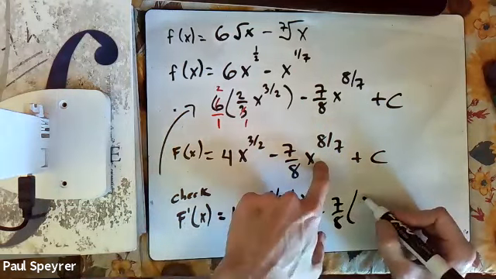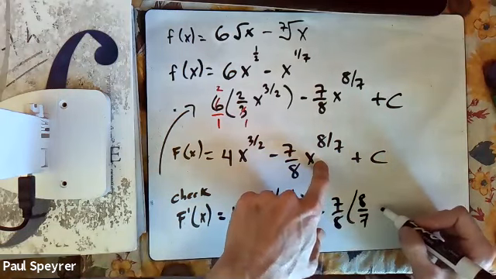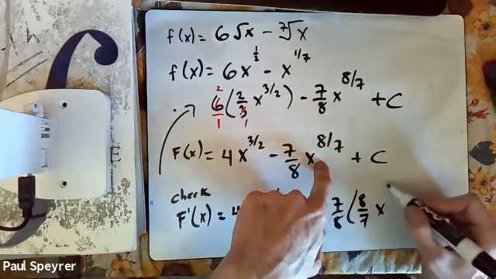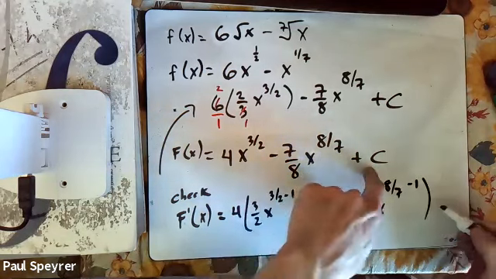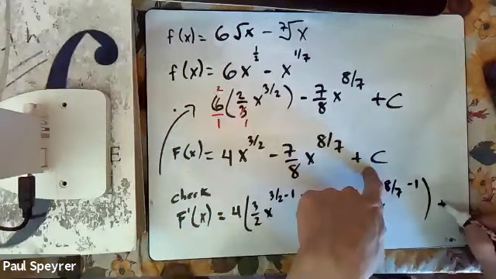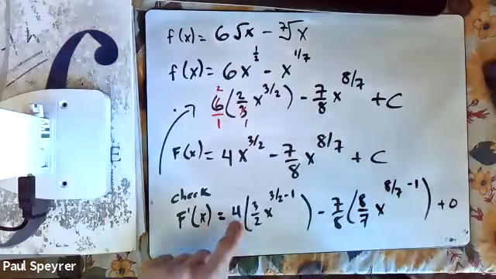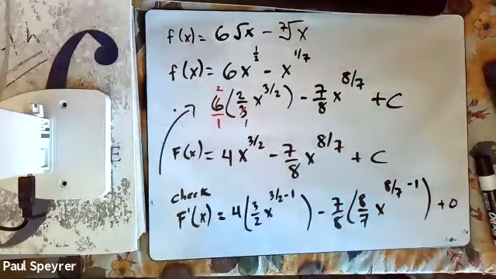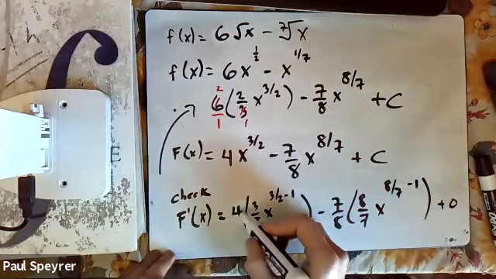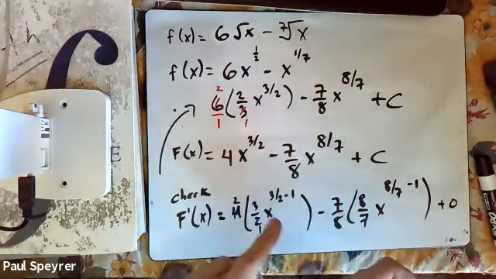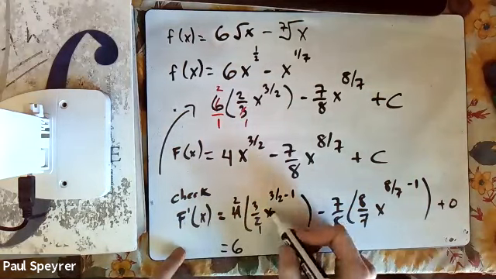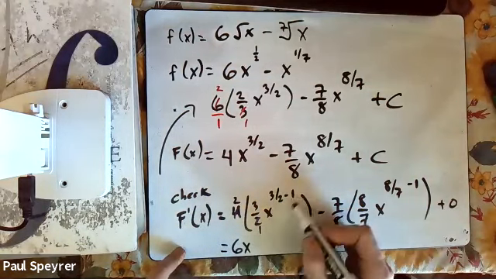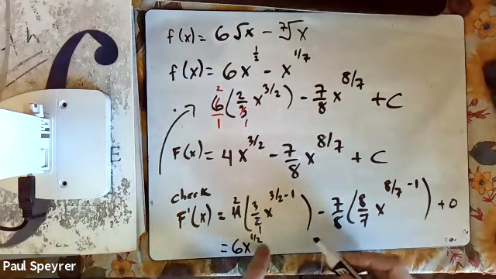Power rule again, 8/7 because we're taking the derivative, x to the 8/7 minus 1, and the derivative of a constant is 0. So what is 4 times 3/2? Well, this reduces, right? Again, what's 2 times 3? 6. What's 3/2 minus 1? A half.